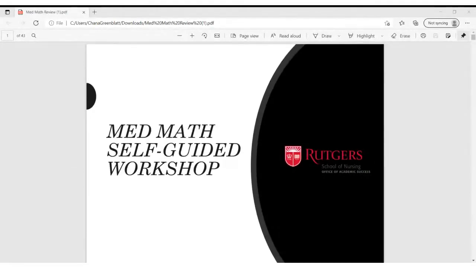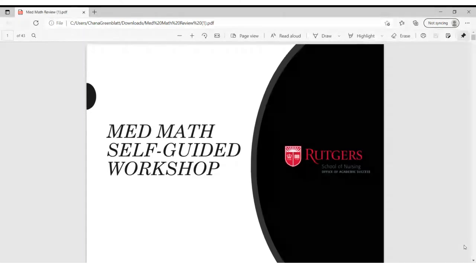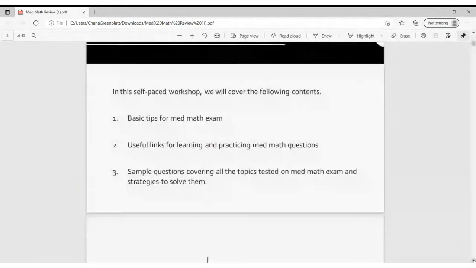It should be accessible on the site as well. And it is a PDF document that you'll be able to go through. So in the workshop, it goes over tips to being successful on the exam, different resources that you have or can use in order to approach MedMath questions, as well as sample questions.